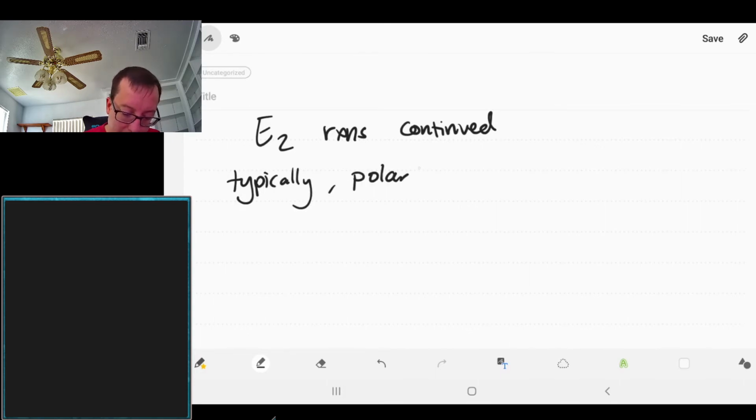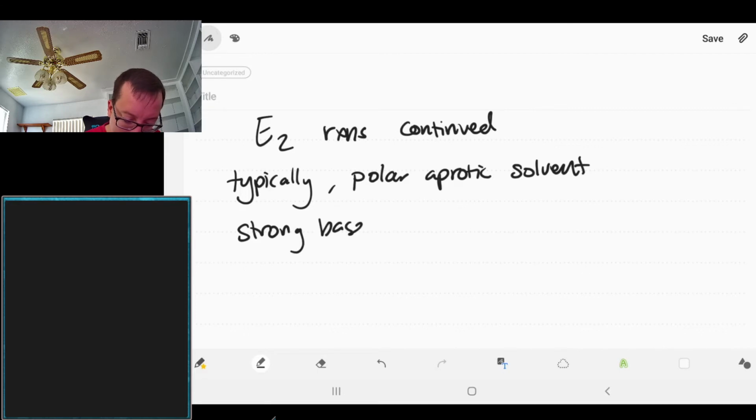So typically, remember, we want the polar aprotic solvent. We want a strong base. Generally, a bulky base is what you're looking at here, because we often are looking to use E2 reactions to get us the Hofmann product. We'll see E1 reactions are a little bit easier to get us the Zaitsev product, which is the more substituted alkene.